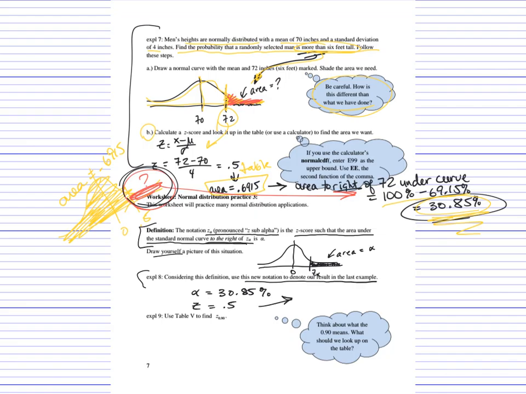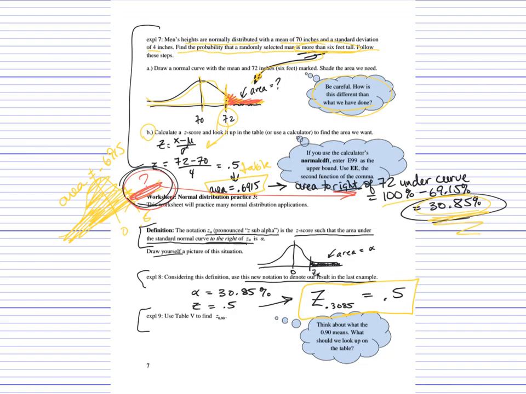So what we would say is that z sub 0.3085, I'm just going to write that area in decimal form, equals 0.5. Again, all we are saying is that the z-score, such that 30.85% of the total is to the right of it, that z-score is 0.5.